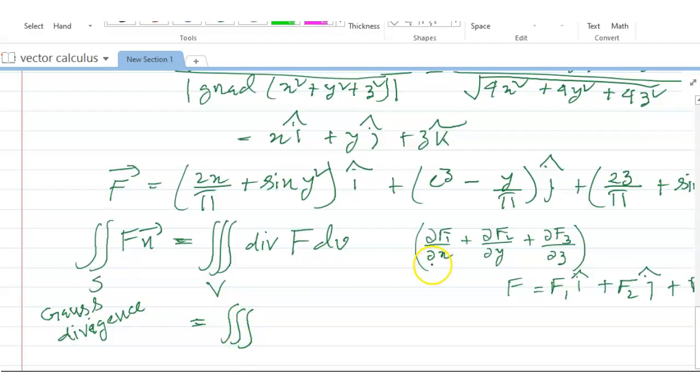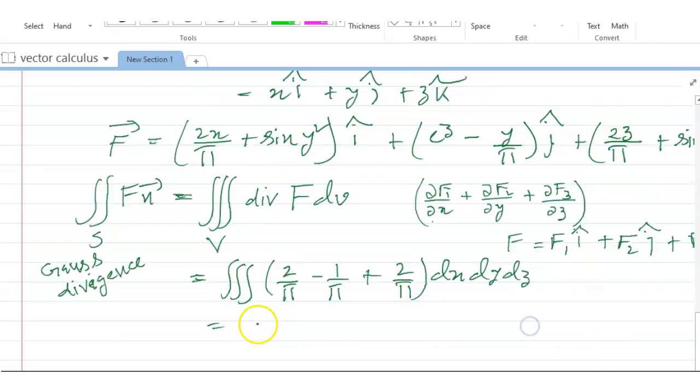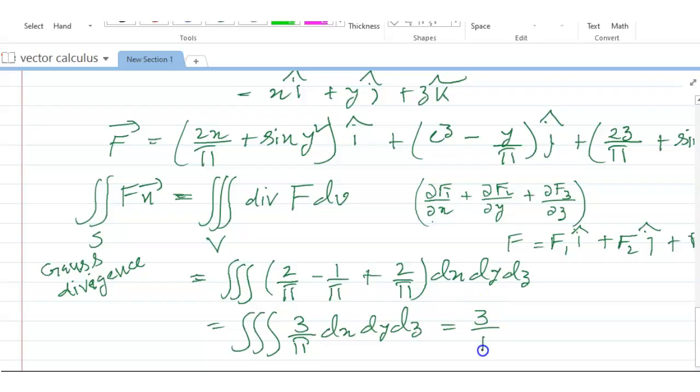According to the divergence theorem, del f1 divided by del x gives 2 by pi, del f2 by del y gives minus 1 by pi, and del f3 by del z gives 2 by pi, into dx, dy and dz. After that I get 3 by pi into dx dy dz. So 3 by pi into the volume integral of dx dy dz.